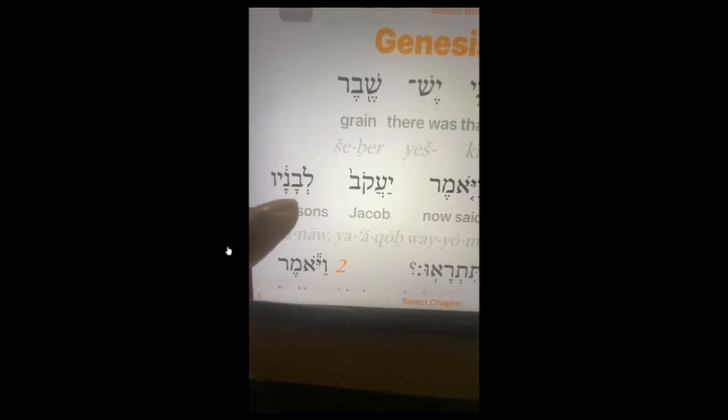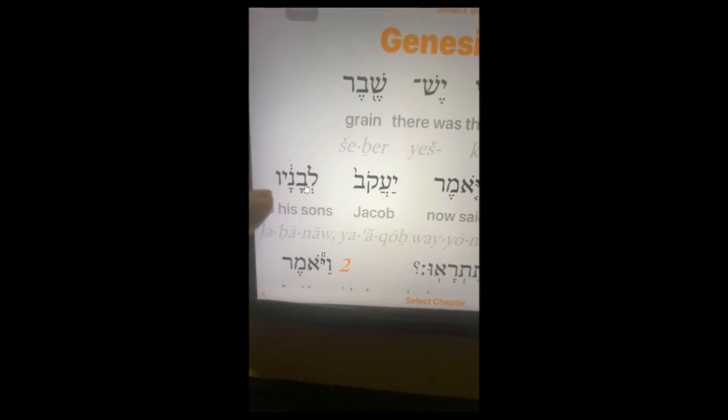Now he is correct, absolutely correct. And if it had a little dot right here, which would make it a shuruk, we would say lebanu. Okay, lebanu. And the shoresh root is bani, right here. Bani. Right here is the shoresh root with the preposition lamed, which means his sons.